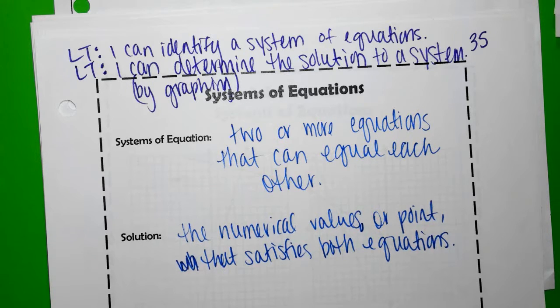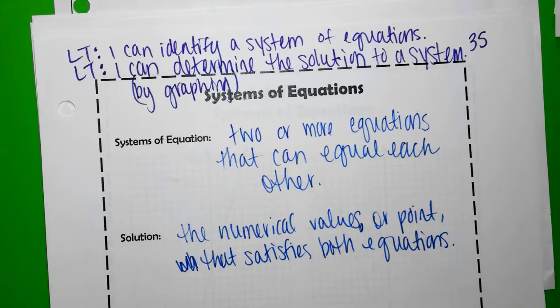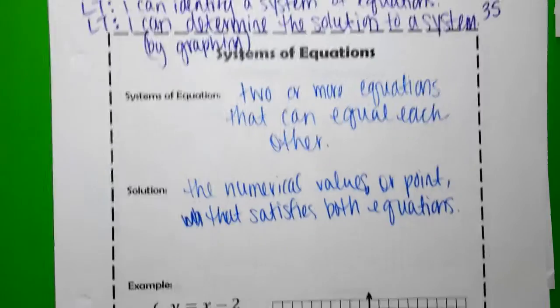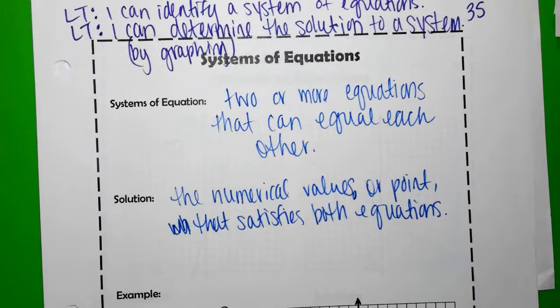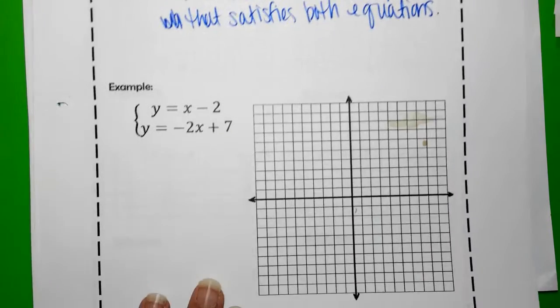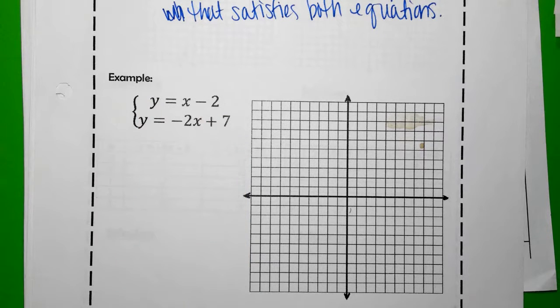So our first example that we're going to do is down here at the bottom. Is everybody ready? Okay. So what do you think we're going to do with this system to find the solution?